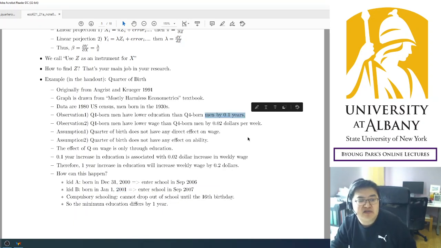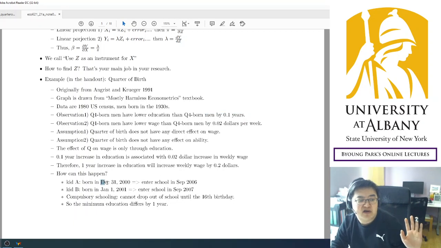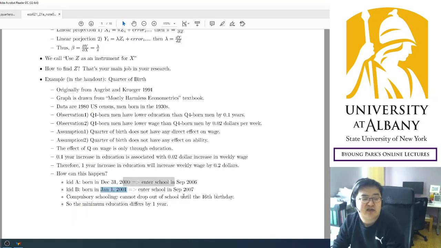So this causes a difference in education. You are requiring, say, 16 years of education for the December kid, but you are requiring 15 years of education for the January kid. So that's how the authors explain why this happened, by this institution.